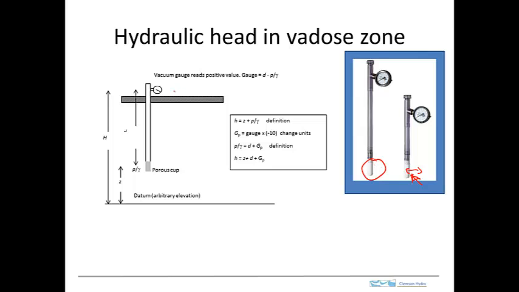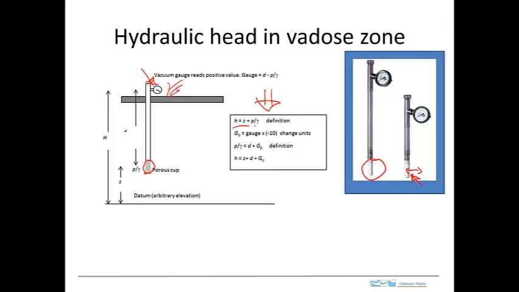So here's an installation of a tensiometer. Here's the porous cup, and there's a gauge up here. We use that gauge to measure what the pressure head is down at the porous cup in the soil. And we've got some simple formulas for doing this.